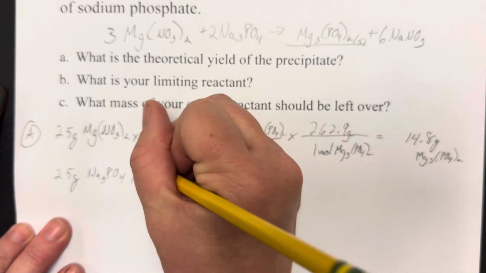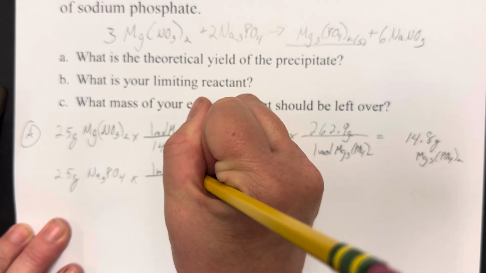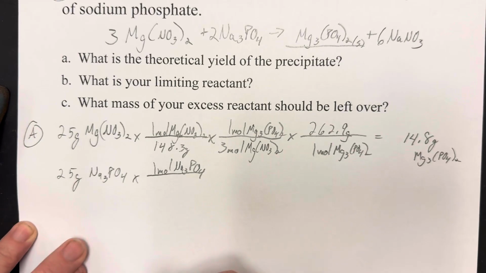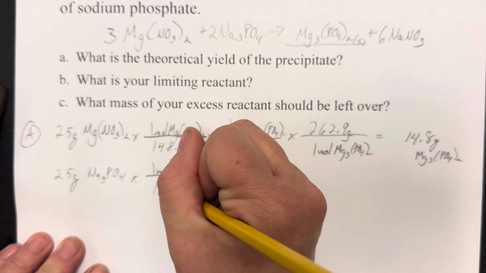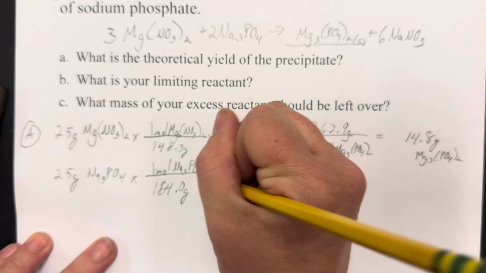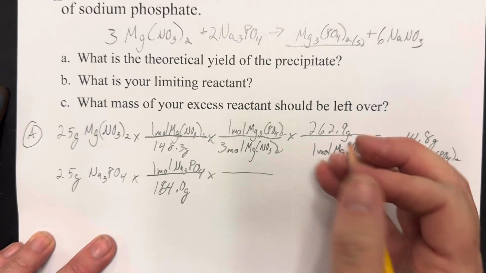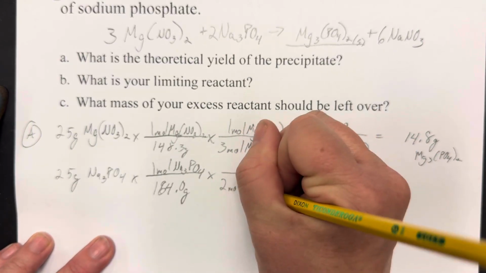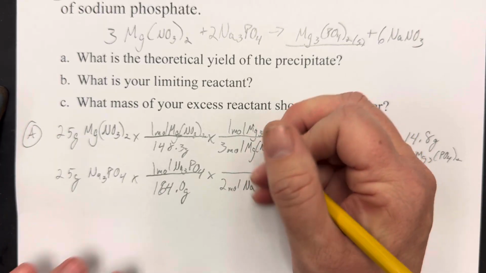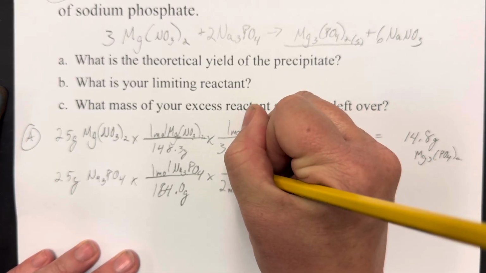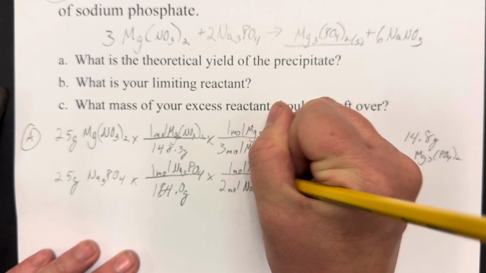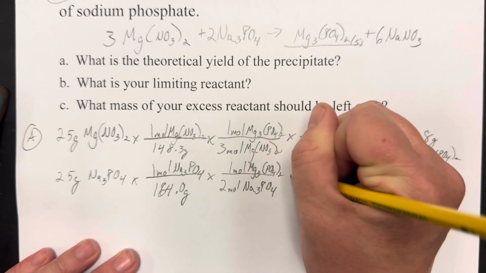So again, same steps, 1 mole of Na3PO4. Molar mass from the periodic table is 164 grams. Oh, sorry about the handwriting. I have 2 moles of Na3PO4 for every 1 mole of Mg3(PO4)2.